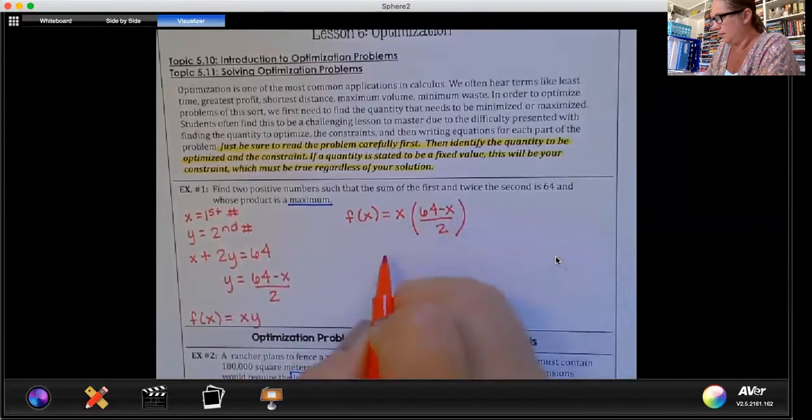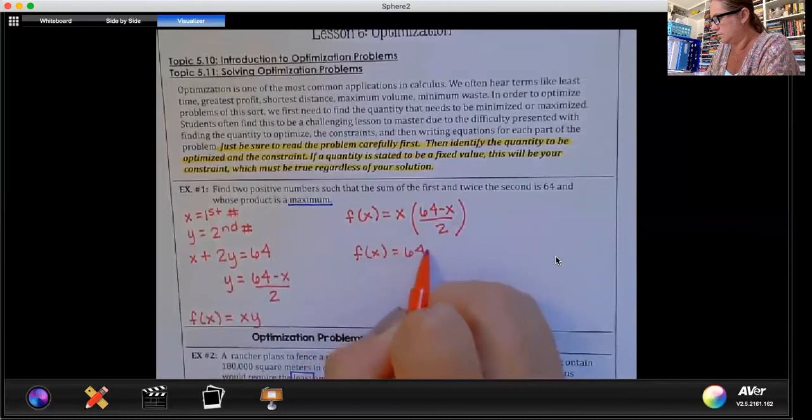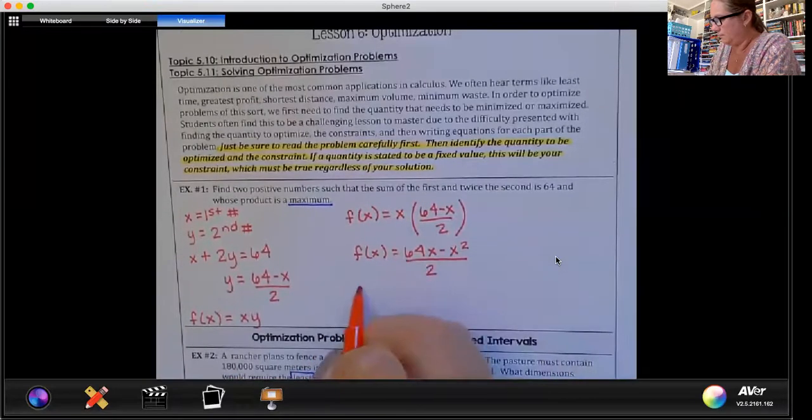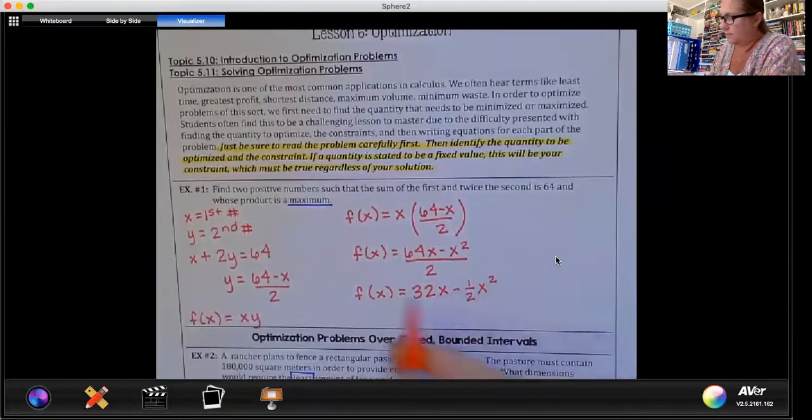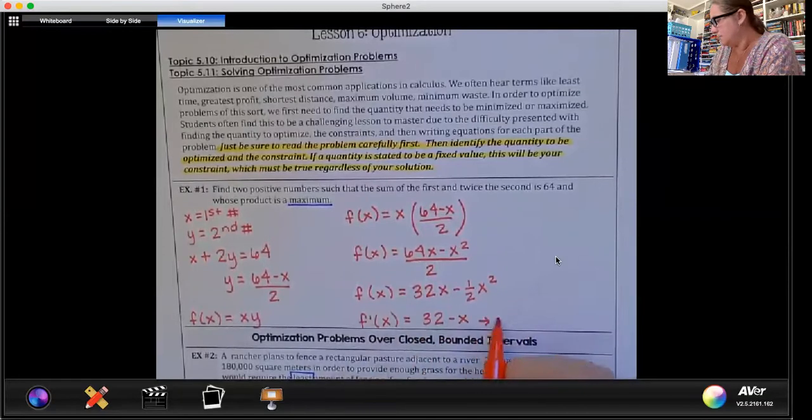We're going to do that product, and we're going to simplify so that it's very simple for us to find our derivative. And setting that derivative equal to 0 means x is 32.